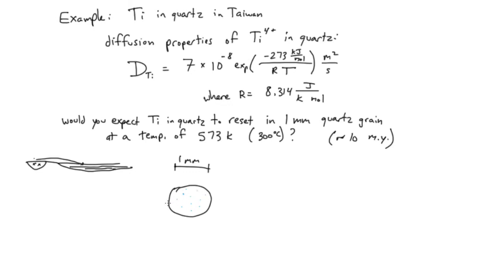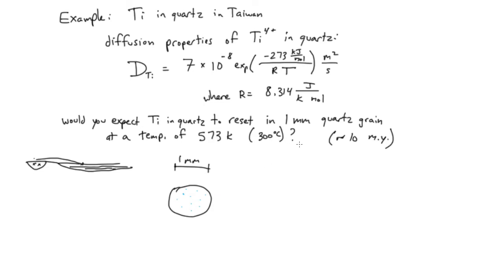It's going to want to readjust, but it's only going to be able to do that if diffusion is possible. So to try to answer this question, we'll use that characteristic equation, right?